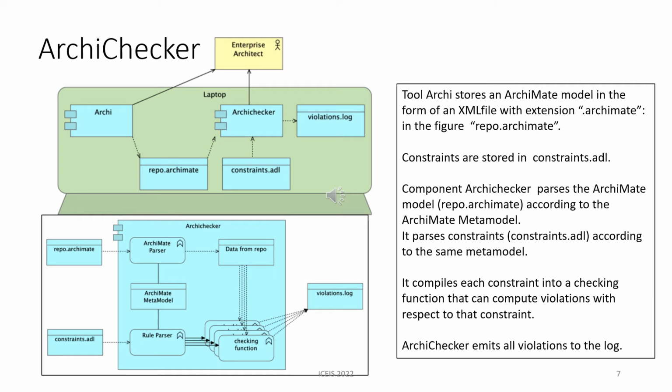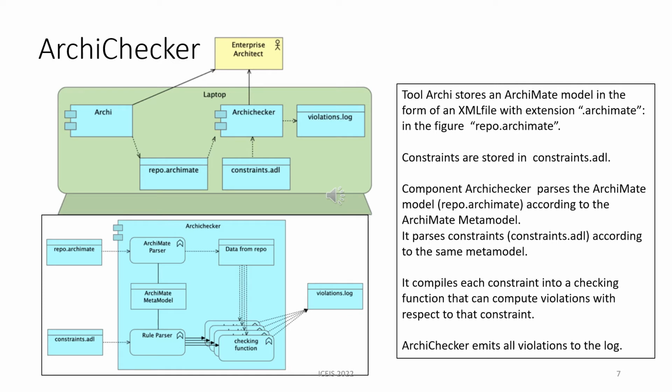Tool Archi stores an internal ArchiMate model in the form of an XML file with extension ArchiMate, repo ArchiMate in the figure. Constraints are stored in a file called constraints.adl.